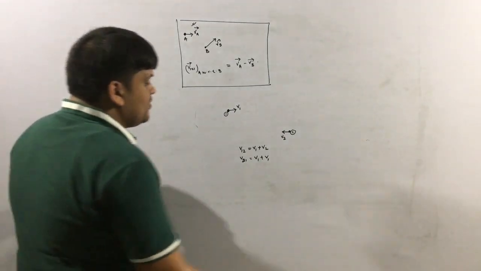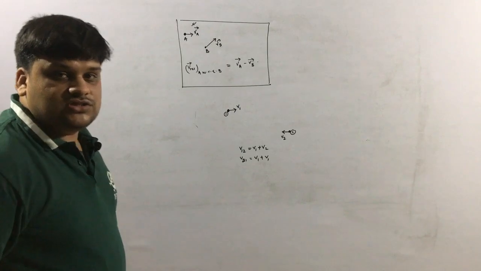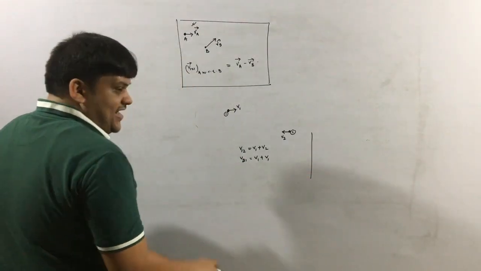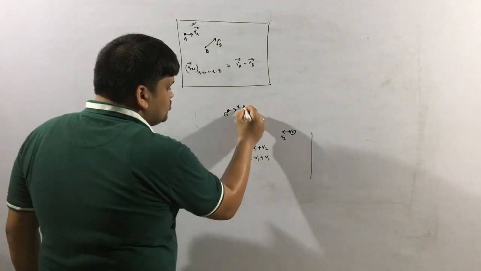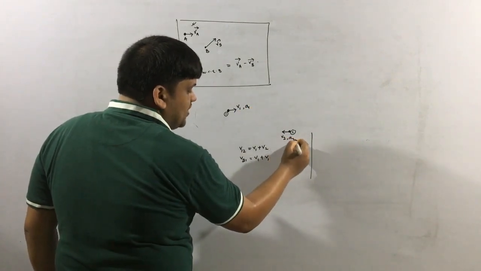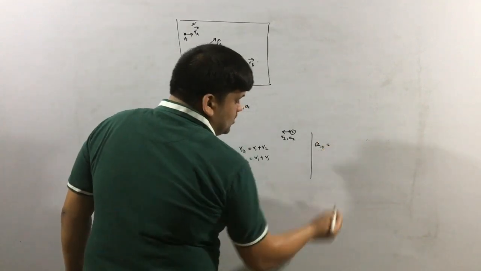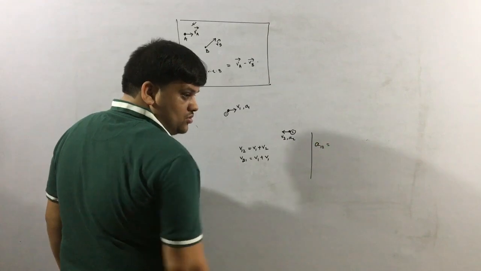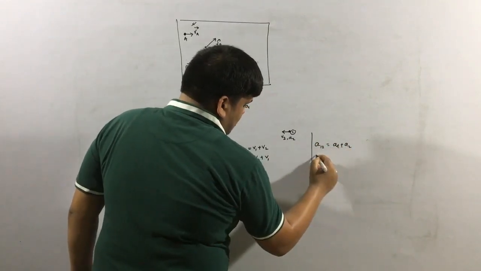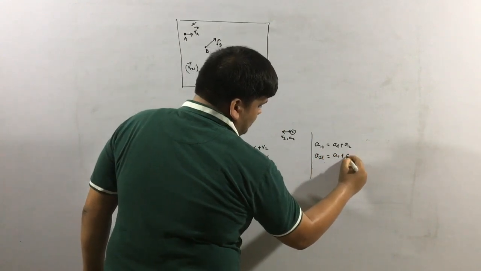Simply remember, if they are moving in opposite directions, just add their velocities. Okay. Similarly for acceleration, let one be moving with an acceleration of a1 and the other with an acceleration of a2, then a12 equals a1 plus a2, and similarly a21 is also a1 plus a2.